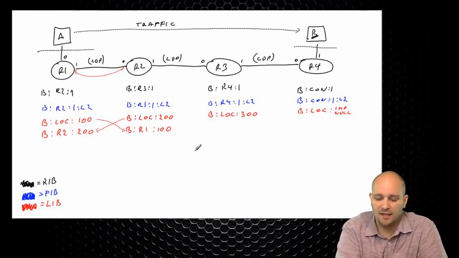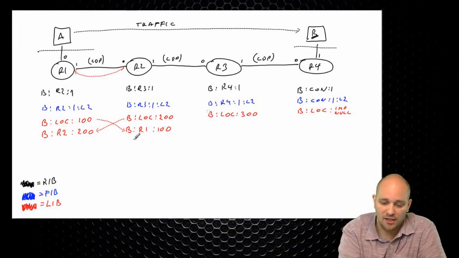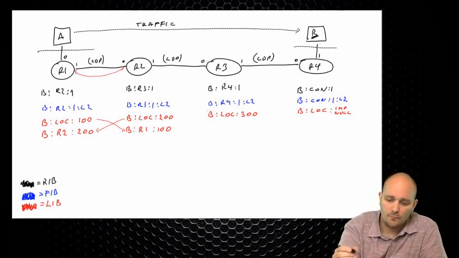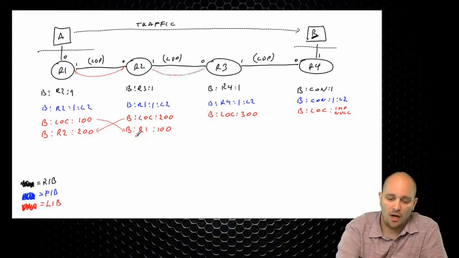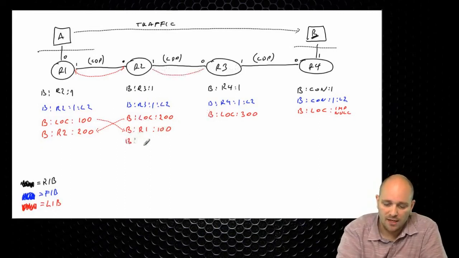Now, the same thing is going to happen in this direction here, between R2 and R3. So we have the label exchange here. Now R2 is going to learn that B is actually reachable through R3 using label 300. So this information came from here.